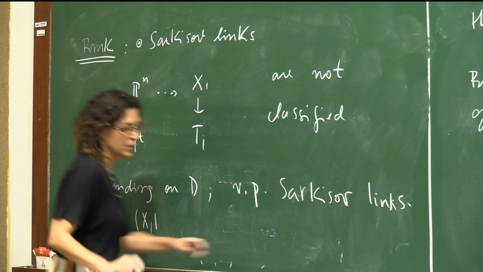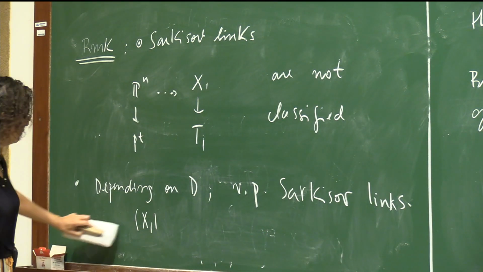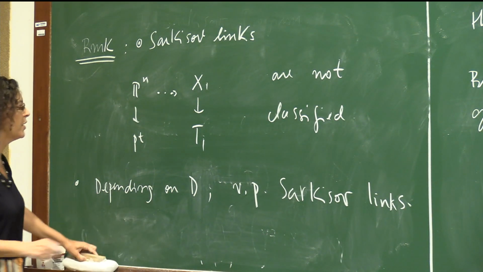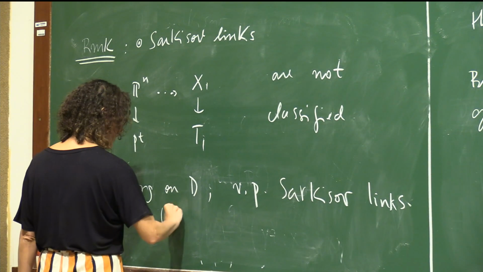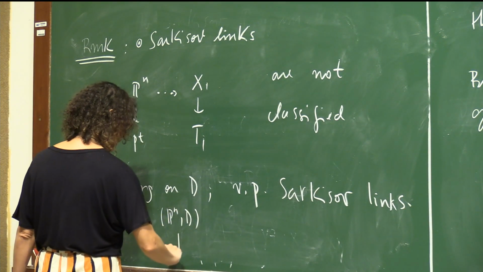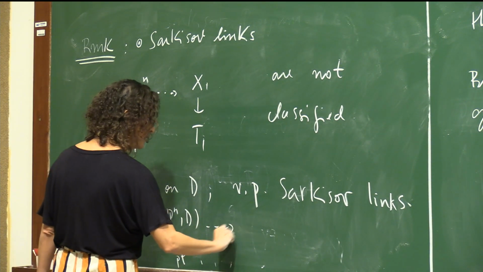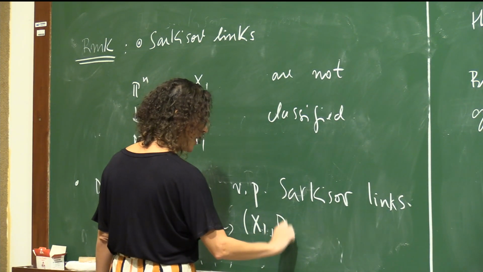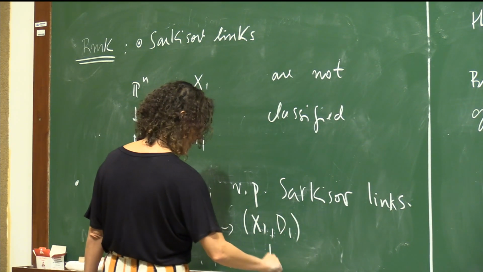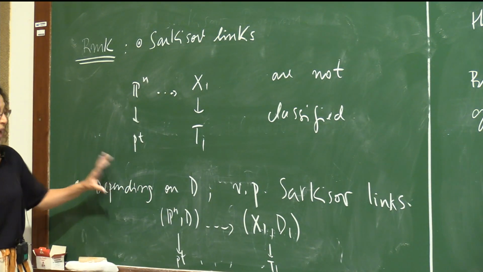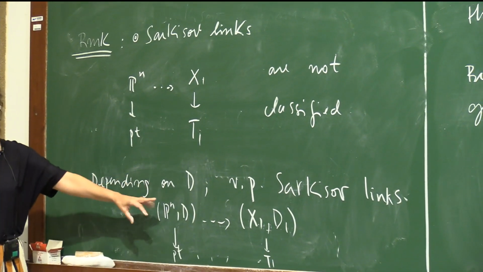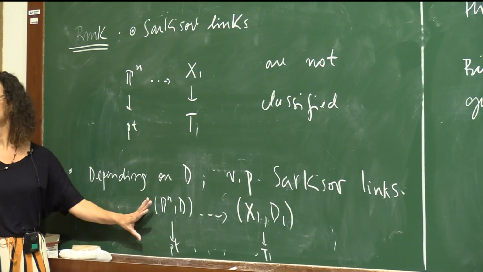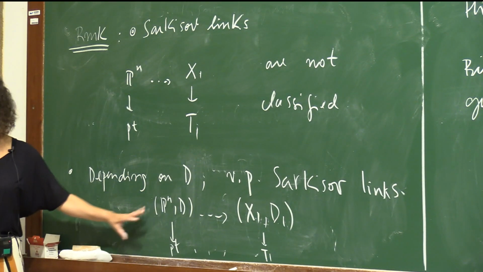Now, if you want to apply the volume-preserving Sarkisov program, you would want to classify these Sarkisov links between Mori-fibered Calabi-Yau pairs. And depending on D, the volume-preserving Sarkisov links starting from this are much easier to classify.